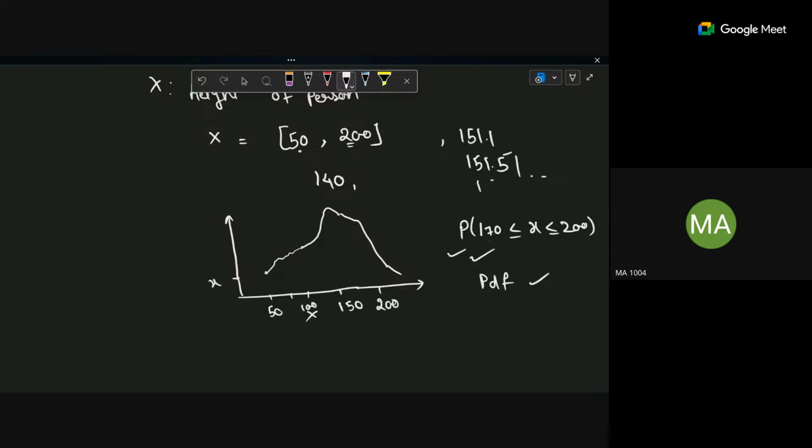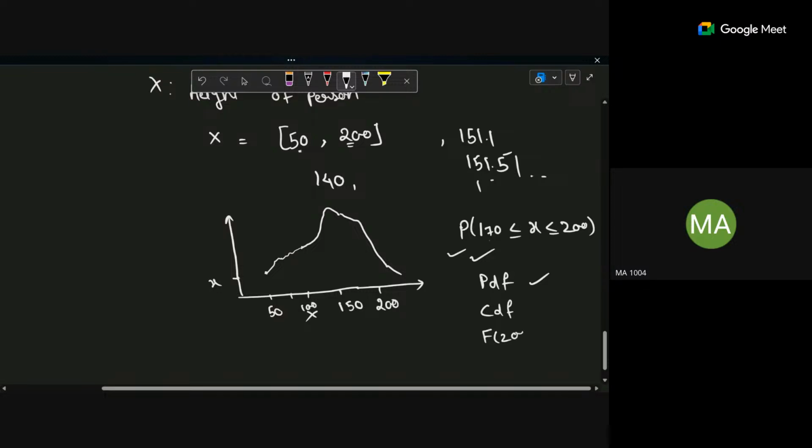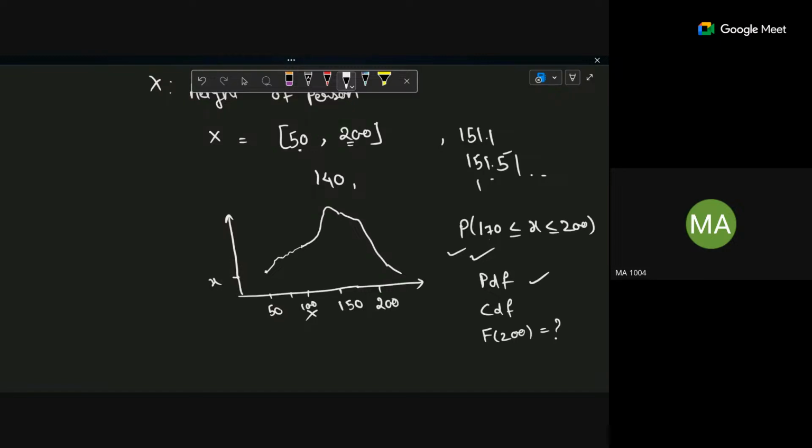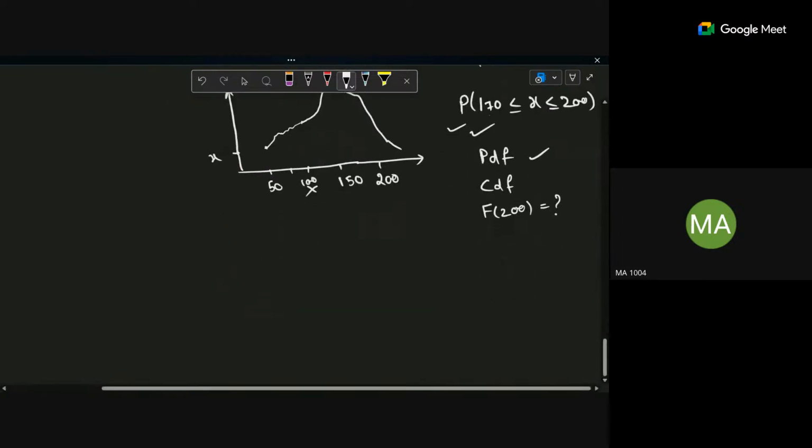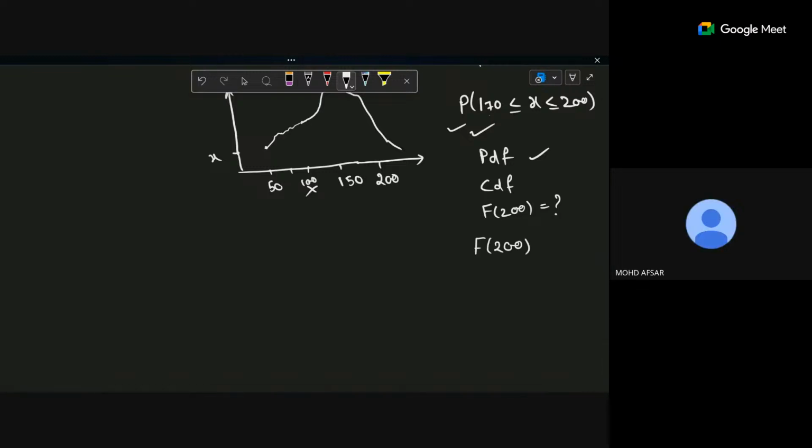And for the same thing, if you go with the CDF, then what is F of 200? You have measured the heights and done all this, and now someone is asking what is F of 200, that means the CDF. Then it is definitely 1.